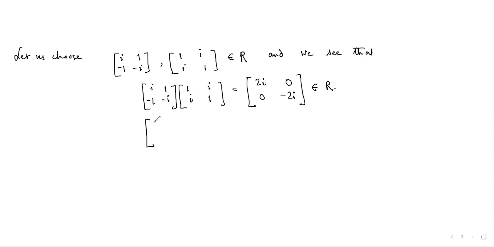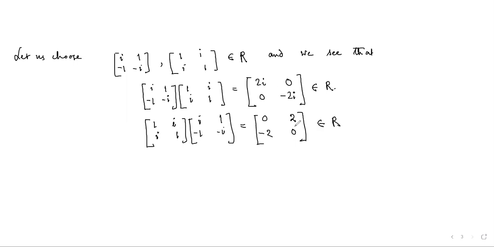If I change the order of multiplication and write like this, then what will I get? Let us try to find out. We get 0, 2, minus 2, 0.